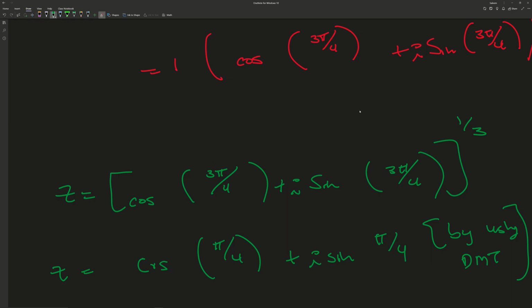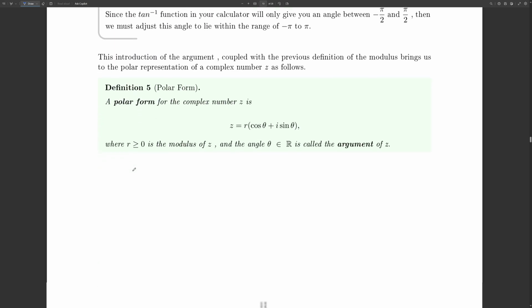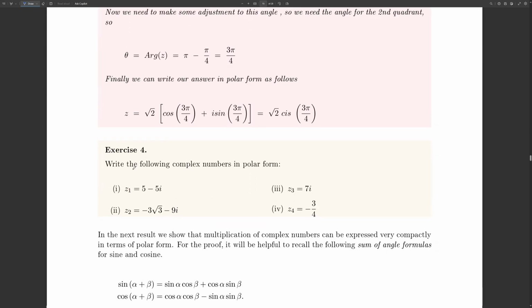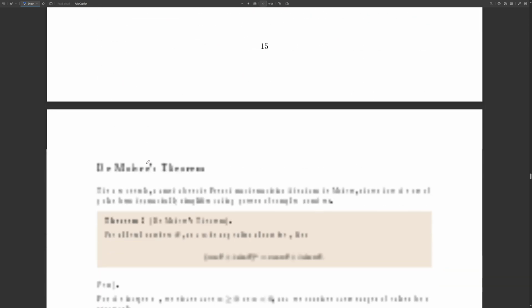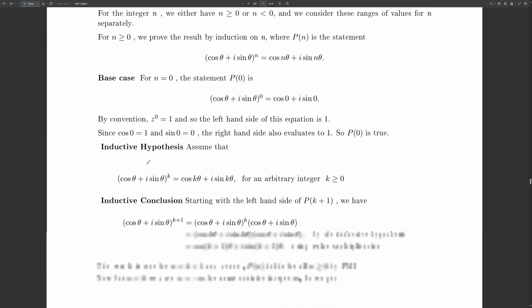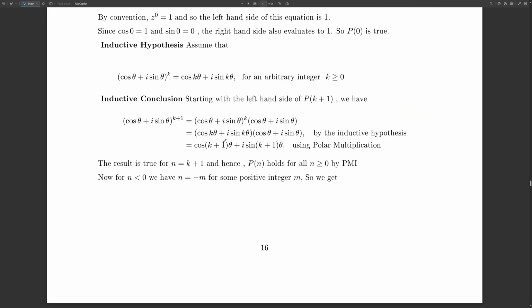Let's go back to our original theorem. I mentioned this briefly in class.